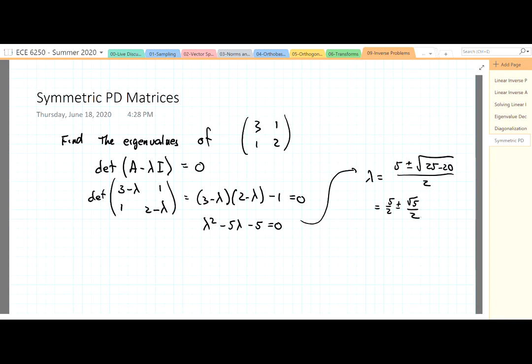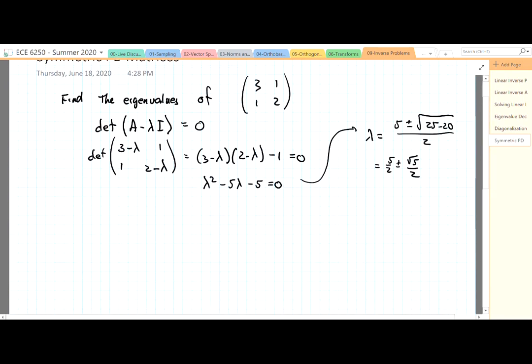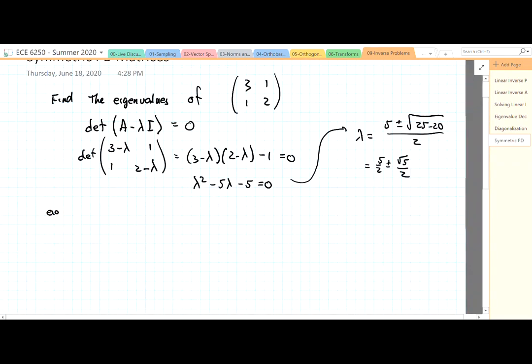So how would we find the eigenvectors? Well, it's a slightly different approach, but once we have the eigenvalues, we can set up this equation, A times V1, where we'll choose V1 equal to lambda 1 times V11, V12.